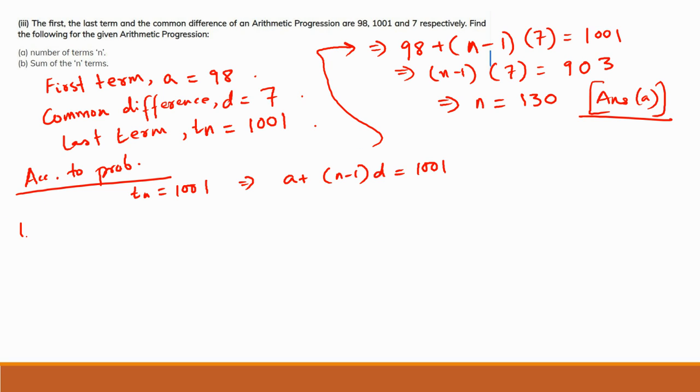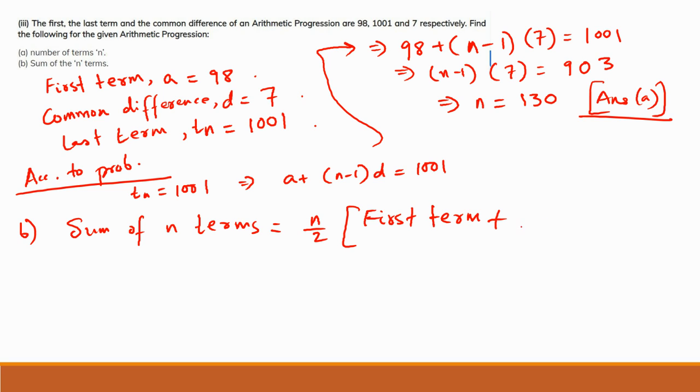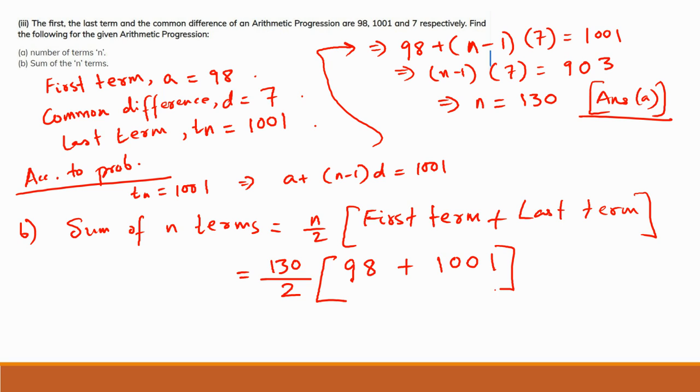Okay, now what is B? The sum of the n terms. So sum of n terms equals n by 2 times first term plus last term, right? I'm sure you guys know all this, first term plus last term. So n is given as 130 divided by 2. First term is 98, last term is 1001, right?